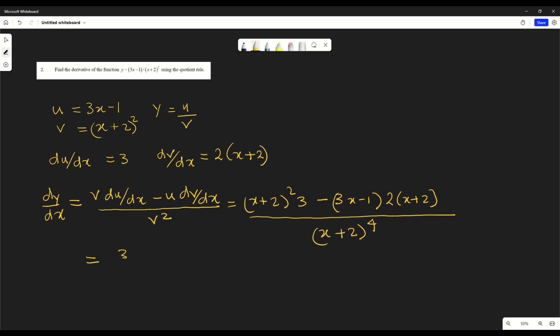Now we can simplify that quite a bit by cancelling and write this as 3 over x plus 2 squared minus 2 multiplied by 3x minus 1 divided by x plus 2 cubed.